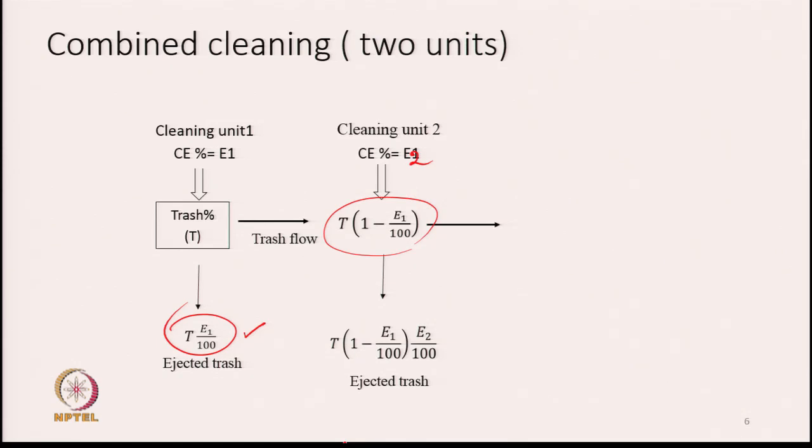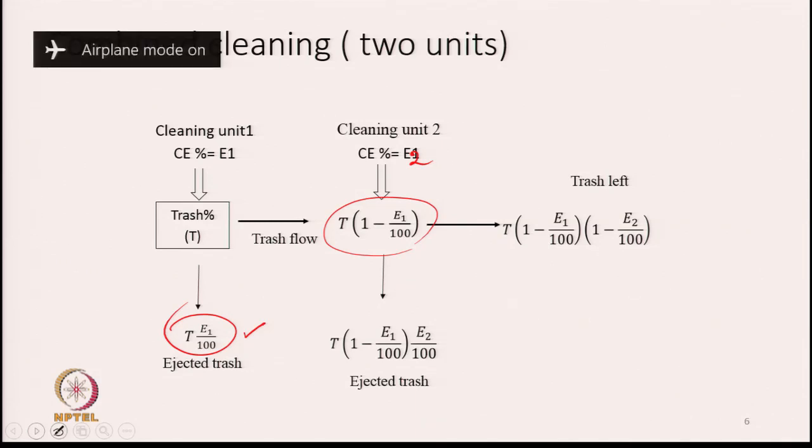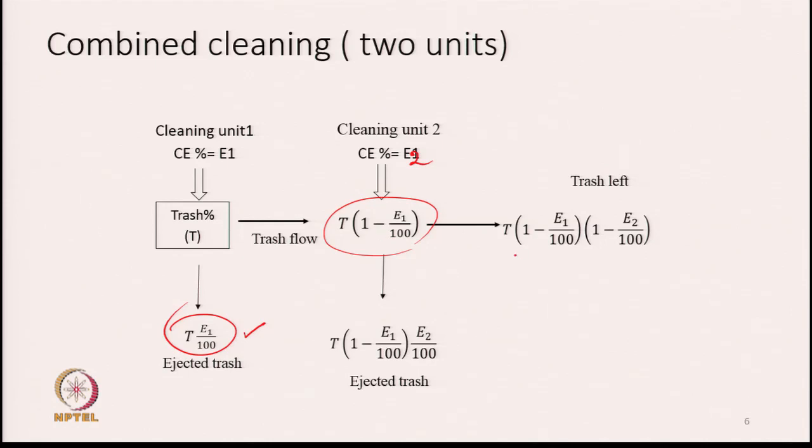The difference between the input and the ejected trash is the trash which will flow forward. That means the trash left after this is T into 1 minus E1 by 100 into 1 minus E2 by 100. So, this much trash will flow forward.